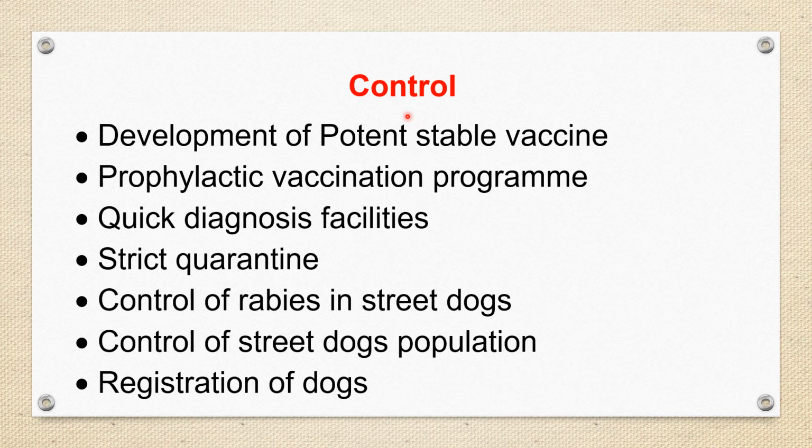Certain important control measures are: development of a potent, stable vaccine, and it must be cost effective. Strict prophylactic vaccination program. This is the only preventive measure for rabies.